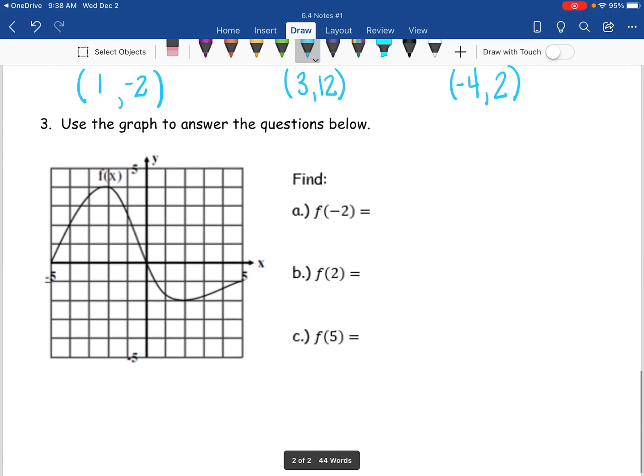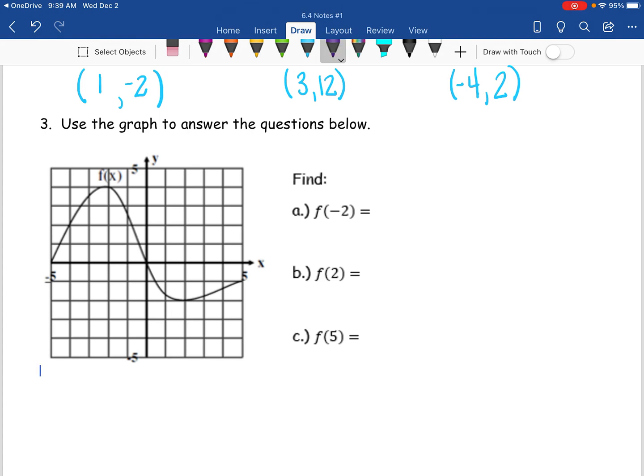All right, one other type of question. We are now looking at f of -2, f of 2, f of 5, but we don't have the equation for f of x. We have a graph that's labeled f of x. So we have to use this graph. Think about what we were doing when we were calculating.